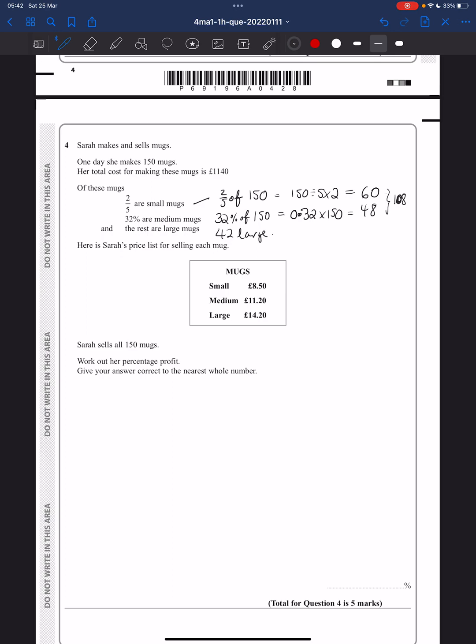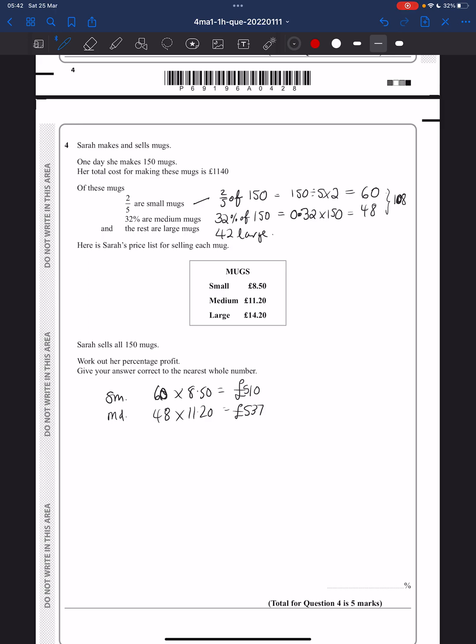Okay, so for the small, 60 times £8.50, £510. Okay, for the medium, it's 48 times £11.20, £537.60.